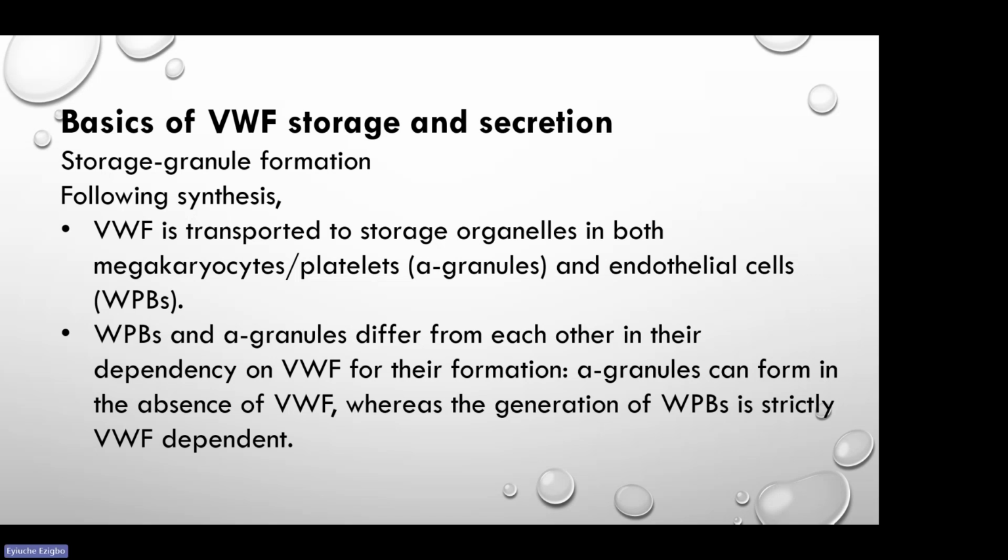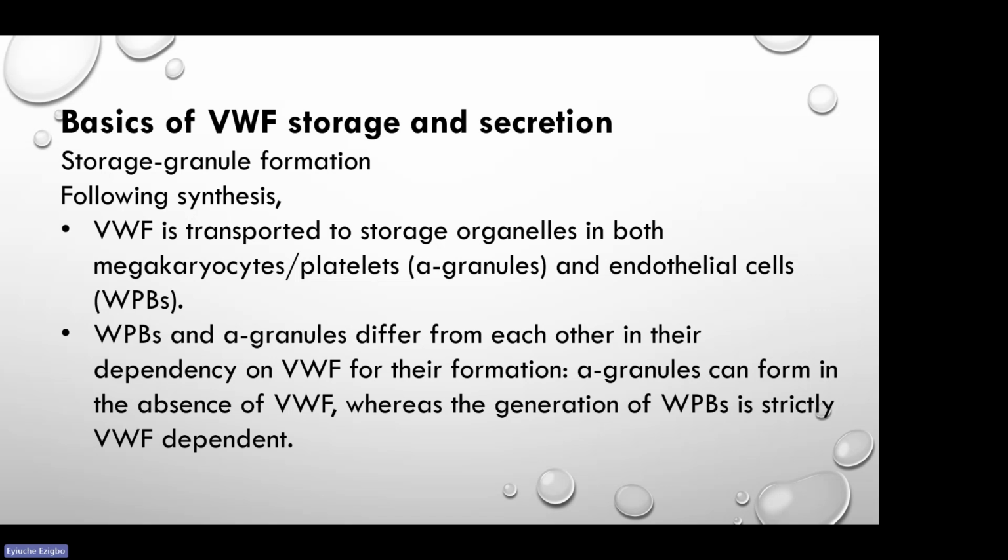Okay, storage organelle formation, because it has to do with the synthesis of von Willebrand factor. Von Willebrand factor is transported to storage organelles in both megakaryocytes and endothelial cells. The endothelial cells and platelet granules differ from each other in their dependency on von Willebrand factor for their formation.